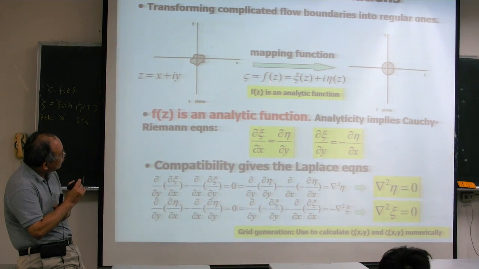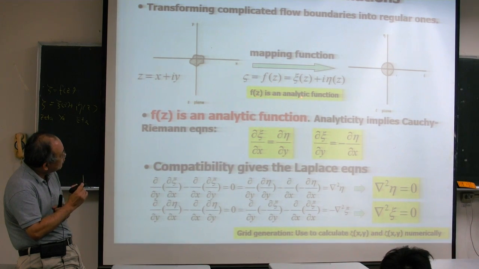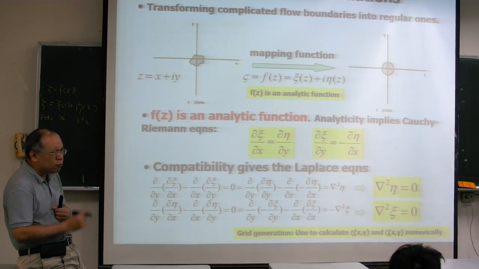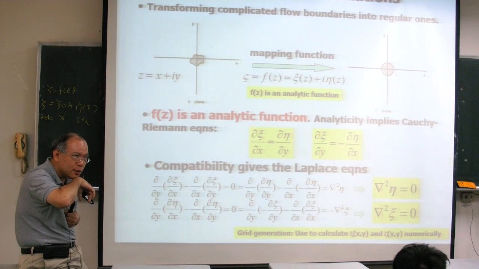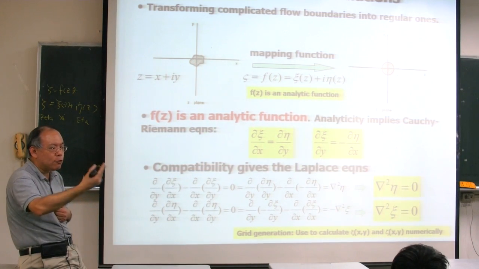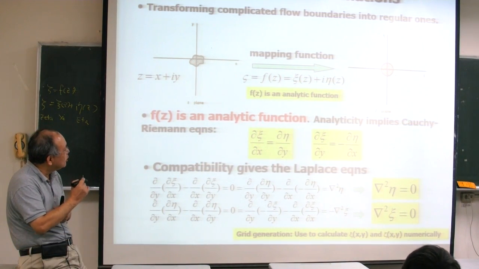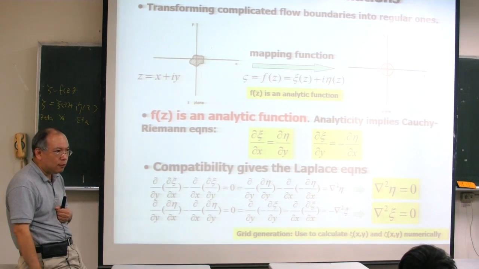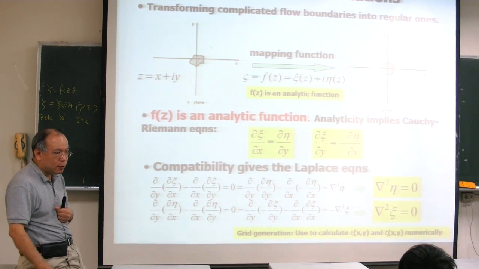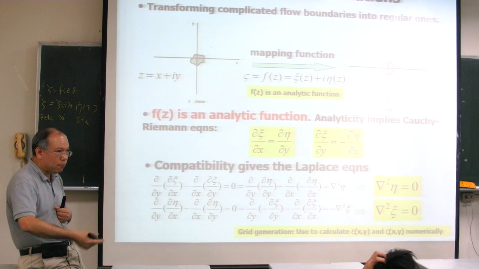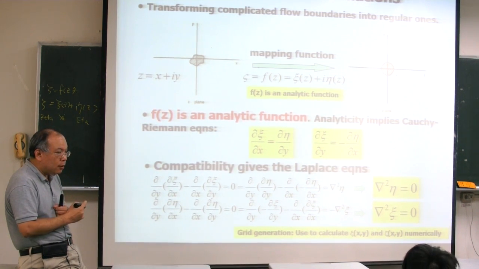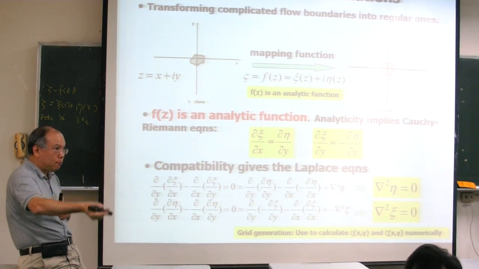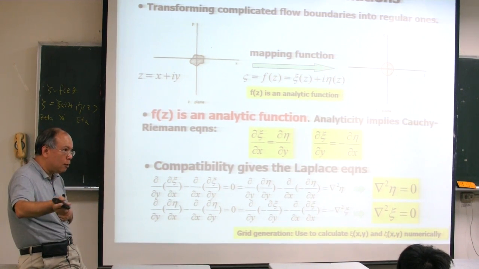If this function is an analytical function, what's the definition of an analytical function? 什么是一个复数函数的可解析的函数的定义? What's the definition of an analytical function for a complex function? When you take the derivative, it is independent of the direction.